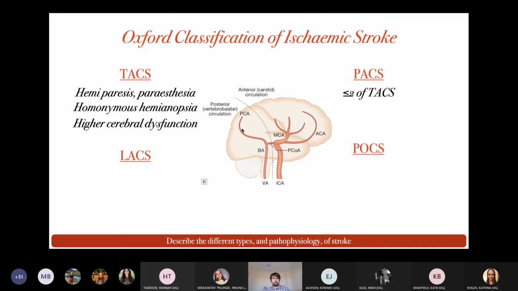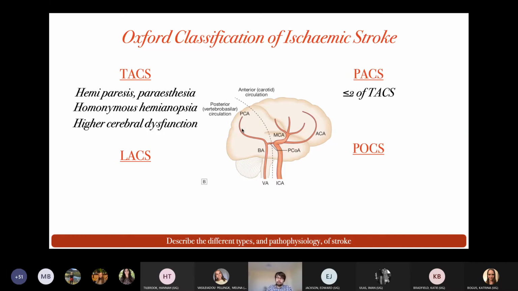And why is that 2 for the price of 1? Because PACS is a partial version of TACS. So 2 or less of the 3 H's gives you a PACS. So a patient presents with hemiparesis and homonymous hemianopia, nothing else, it's a PACS. Because it's all or nothing. You need the 3 H's.